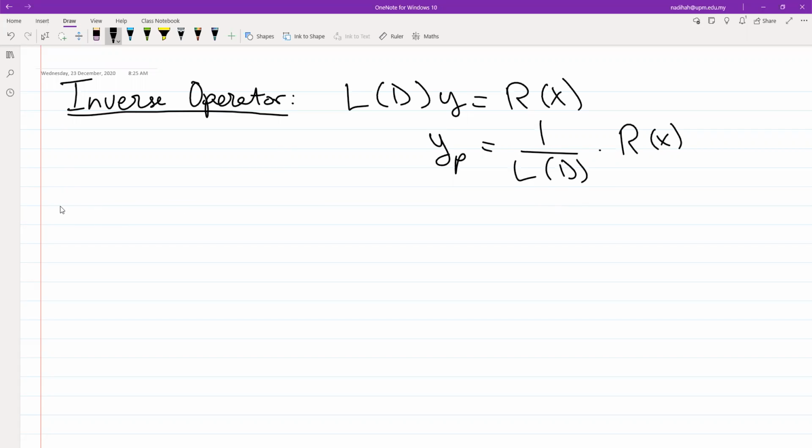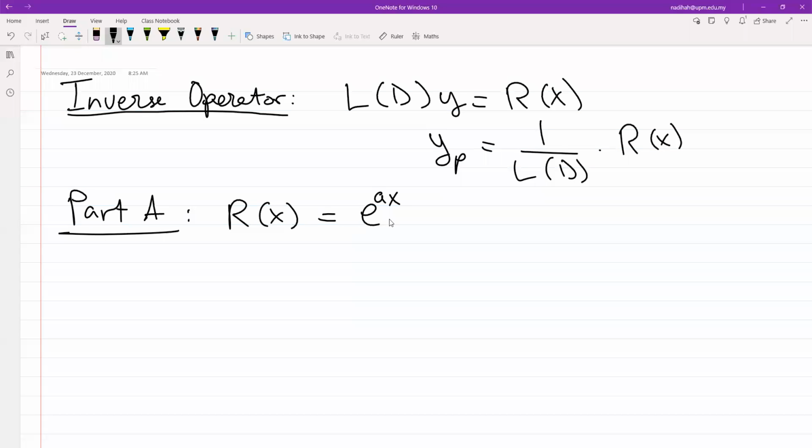Okay, let's see, part A. If you have Rx equals to any exponential with ax. Okay, kalau saya derive first derivative, any linear operation ax, kalau banyak kali saya akan dapat e to the ax.